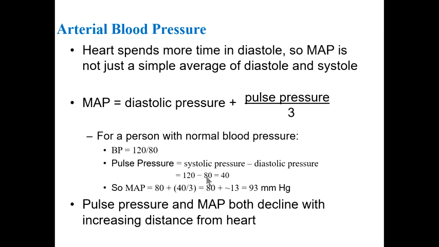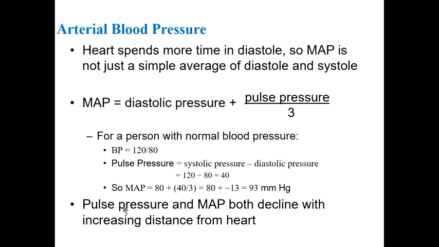So 120 over 80, if you minus the two, is 40. So 80 plus 40 over 3 gives us our mean arterial pressure. And if you actually work that out, you can see it's 93, which is less than the average of these two numbers. That's why MAP is not 100. It's actually 93 because of more time spent in diastole.